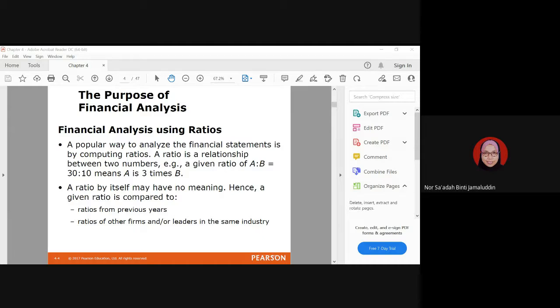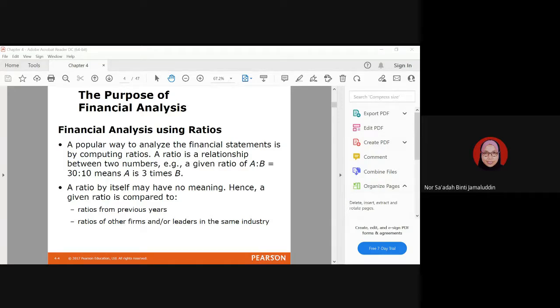Maksudnya, kalau kita calculate untuk company kita sebagai financial analyst, kita dapat satu nilai. Kalau satu nilai tu saja, dia tak ada makna apa-apa.